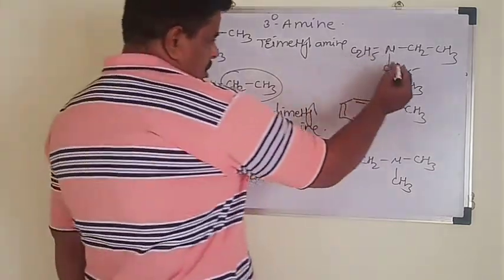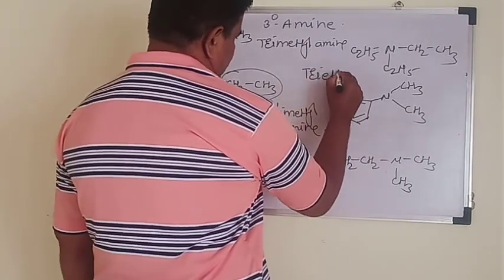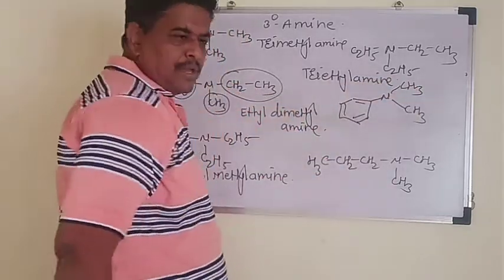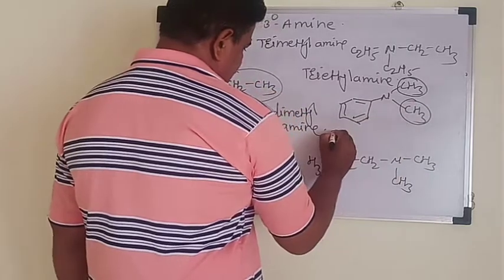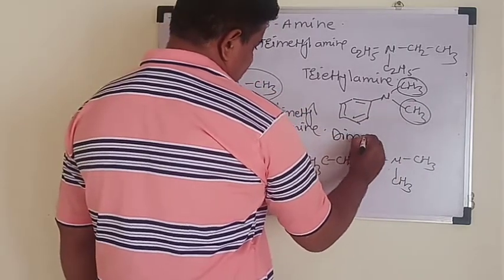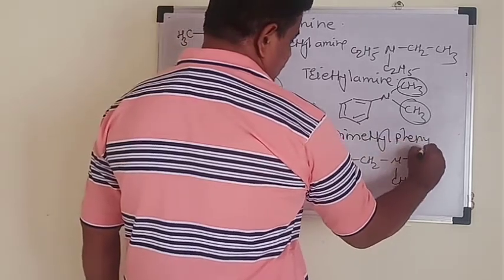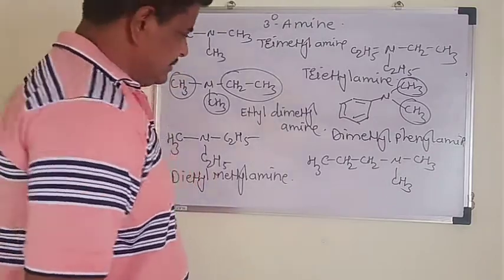Then here all 3 groups are same. So it is triethyl amine. Here these 2 methyl groups are same. So it becomes dimethyl phenylamine or dimethyl aniline.